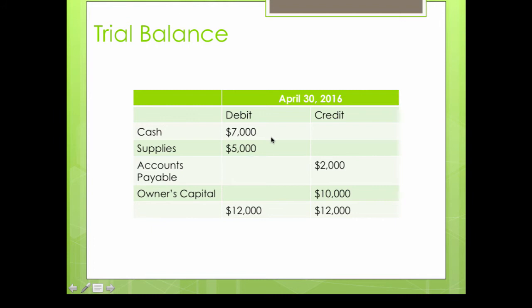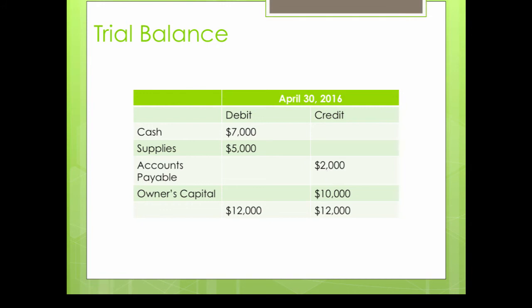So basically this is a list of accounts with the balances, and the balances will be recorded on either the debit or the credit side, depending if there's a debit or credit balance. Remember that a debit balance is when the total of debit amounts exceed the credits, and likewise a credit balance is when the credit amounts exceed the debits.